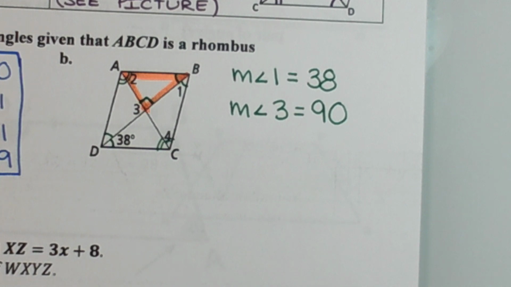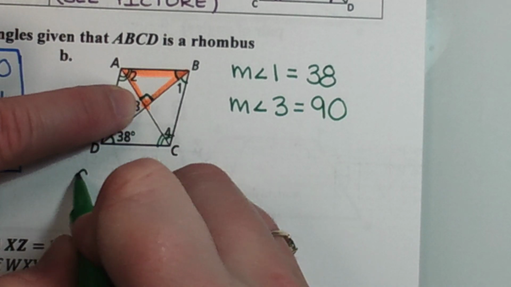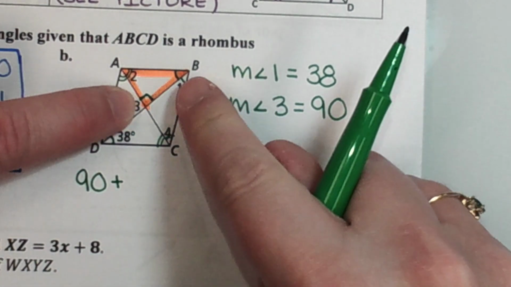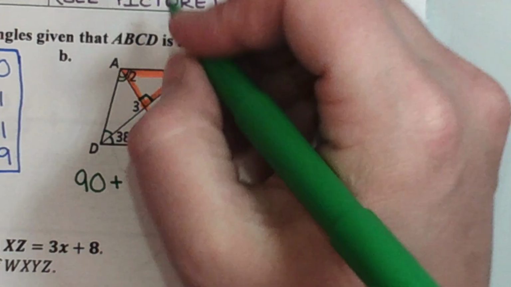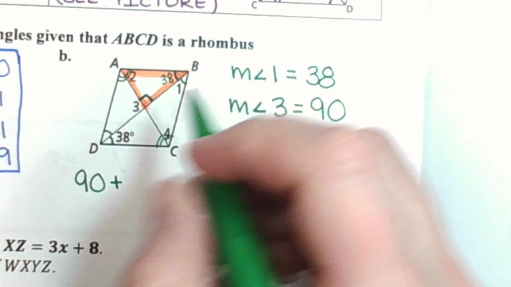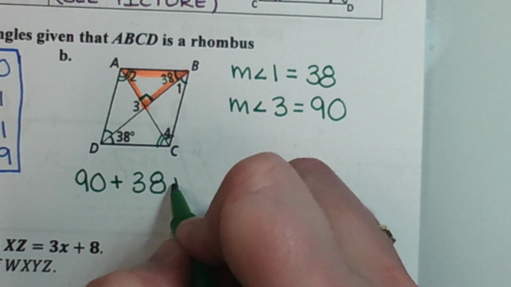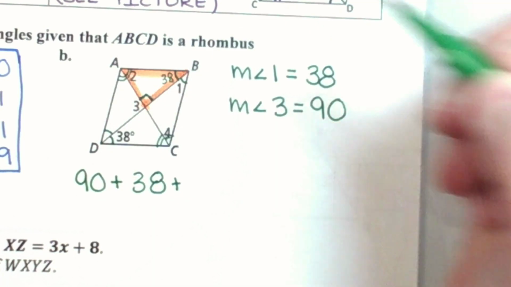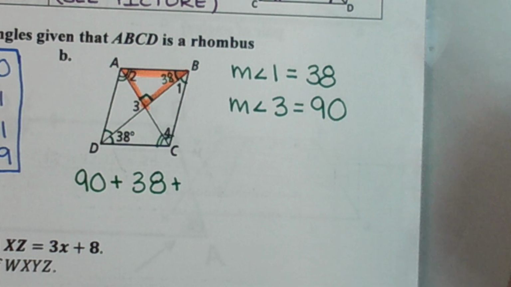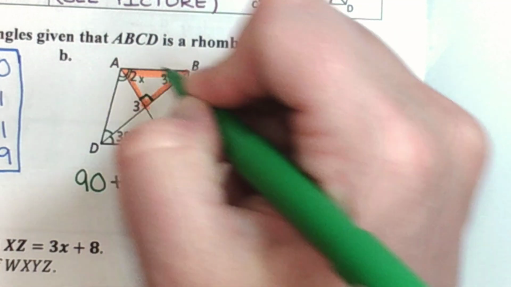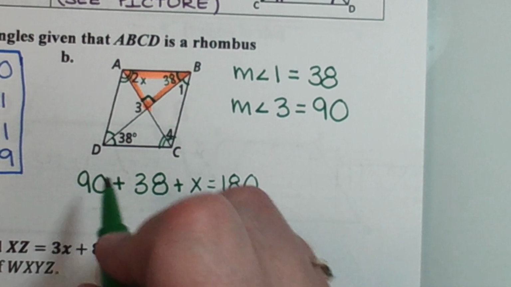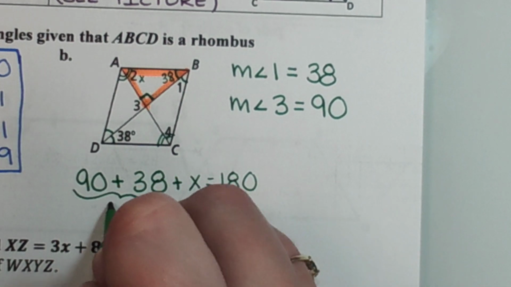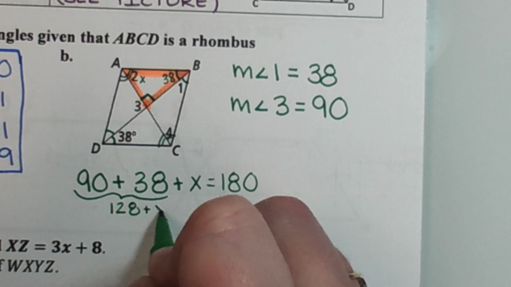180. In this triangle, I've got a right angle, that's 90, plus, that angle's not marked, but do I know its measurement? It's 38. Plus, angle 2 I don't know, and if there's no variables already being used, I could just call it x equals 180. Combine those, I get 128 plus x equals 180.